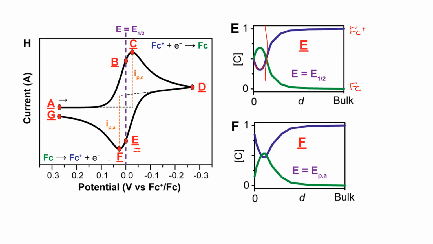Let us consider this is the near the electrode region, and near the electrode Fc plus starts to decrease, and similarly the Fc gets increased near the electrode, and after that it decreases, because in the bulk there is no Fc.